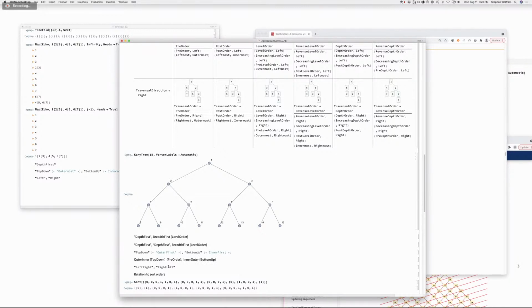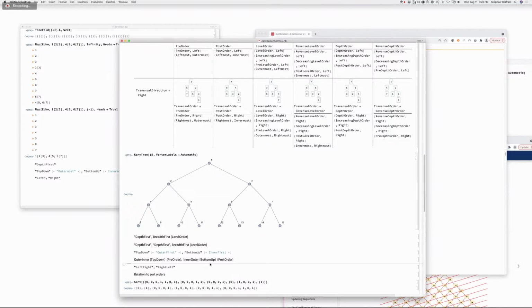So that use of pre is specific to depth first, but yes, those correspond in the case of depth first. Nobody uses pre for breadth first traversals, but they could. So that's pre-order, and this could be post-order here. Yes, that's the correspondence. So those are all equivalent then: outer, inner, inner, outer, top down, bottom up, etc.